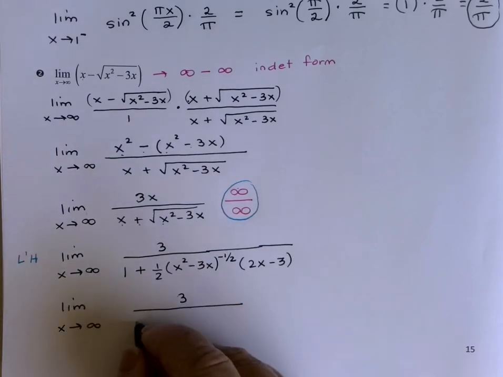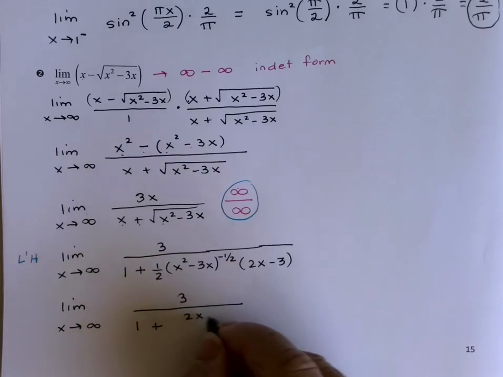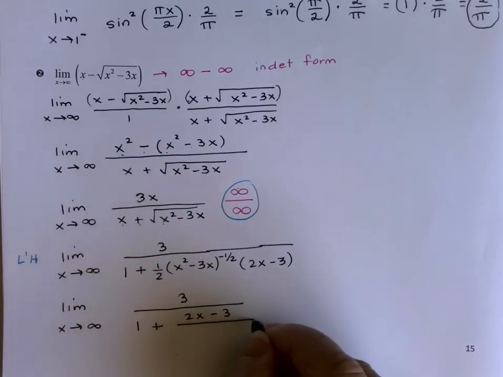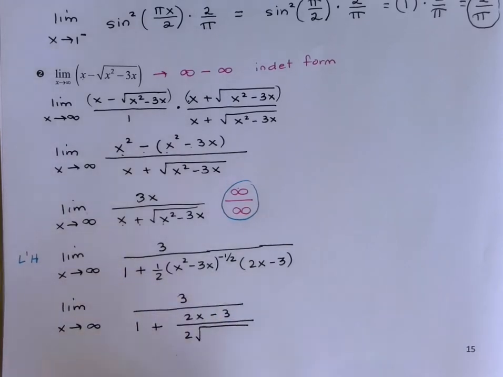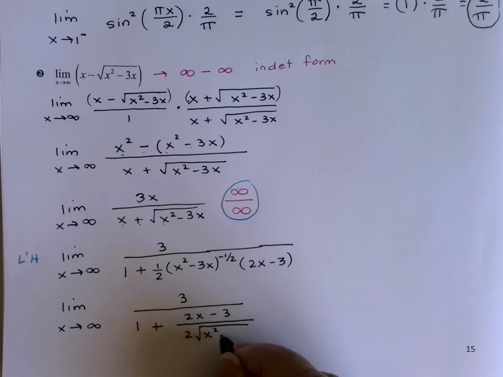So in the denominator, I've really got 1 plus 2x minus 3 over 2 times the square root of x squared minus 3x.